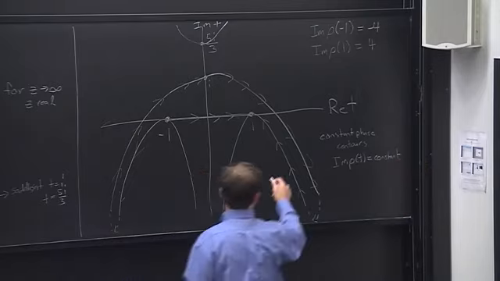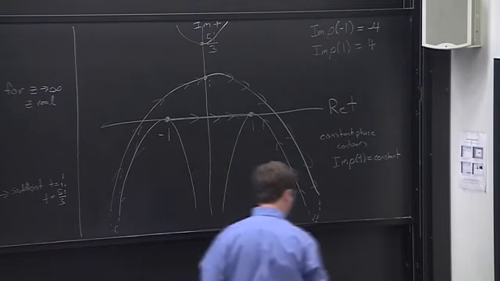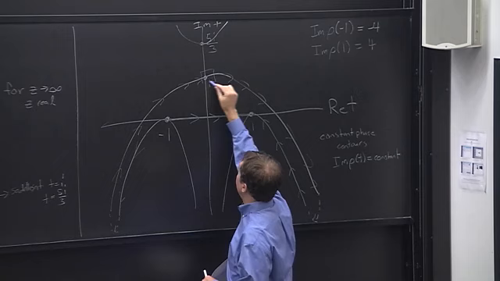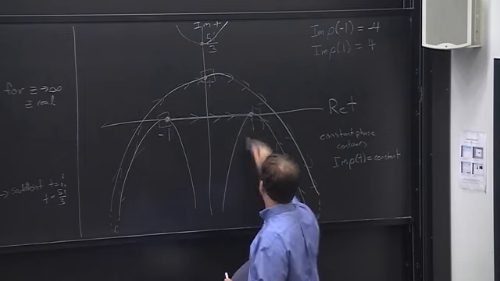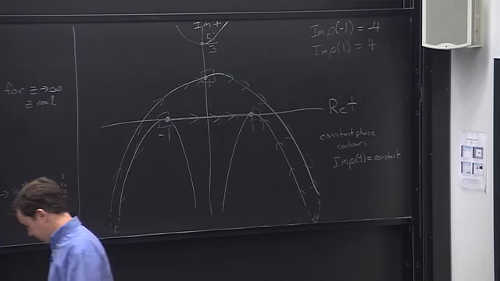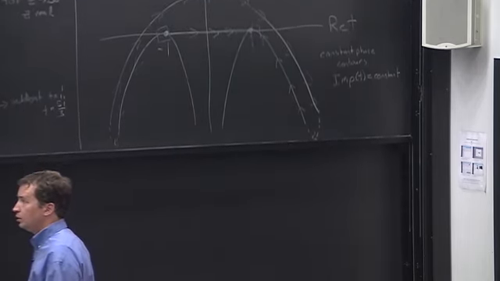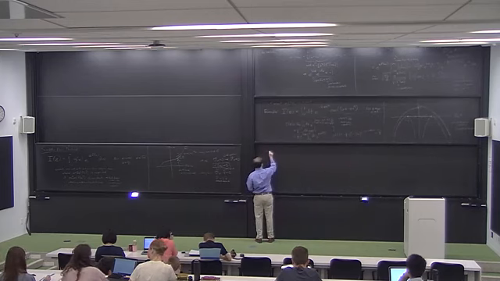So the integrand is increasing. So we need to include this region, which we already know how to do. We also need to include these two regions in order to approximate our integral. So the endpoints contribute.